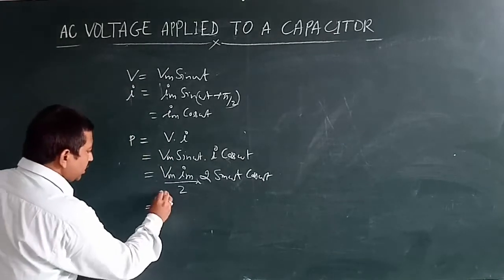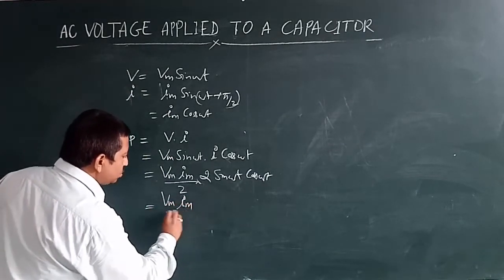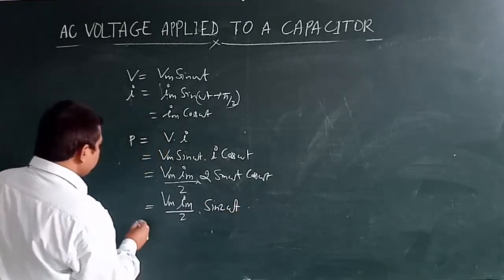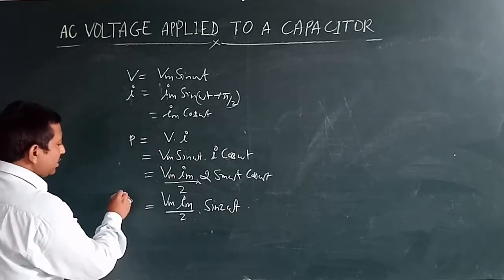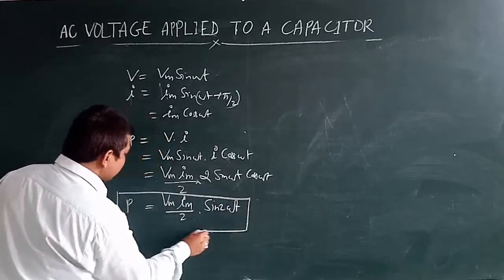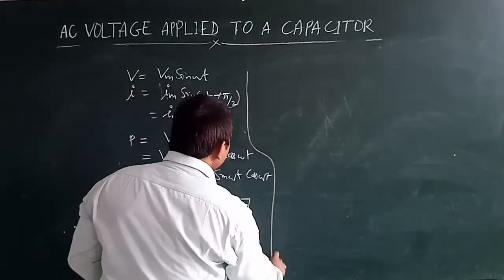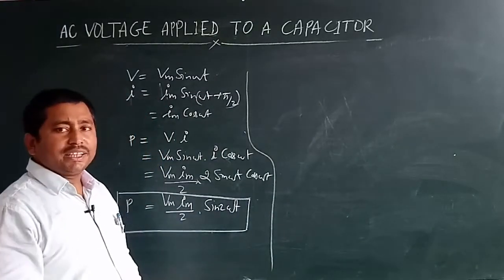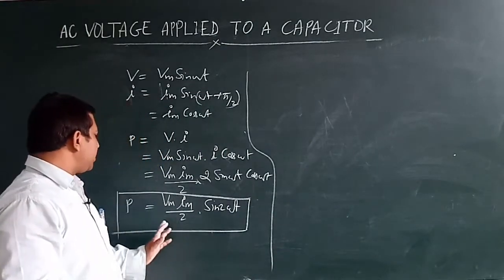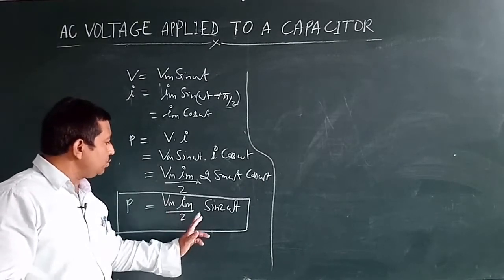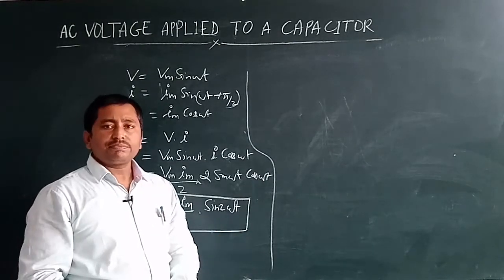So from here we get Vm Im by 2 dot sine of 2 omega t. This is the instantaneous power drop inside the capacitor during charging or discharging. At any instant of time, the power dissipated in the circuit will be given by the formula Vm Im by 2 sine 2 omega t.